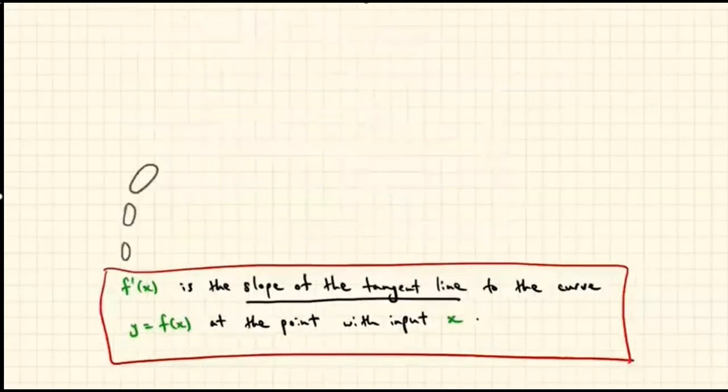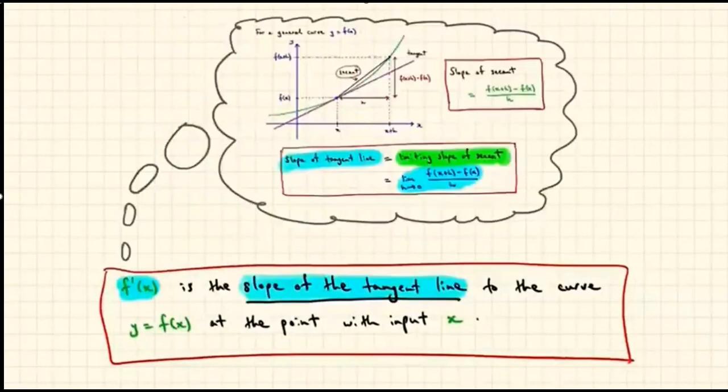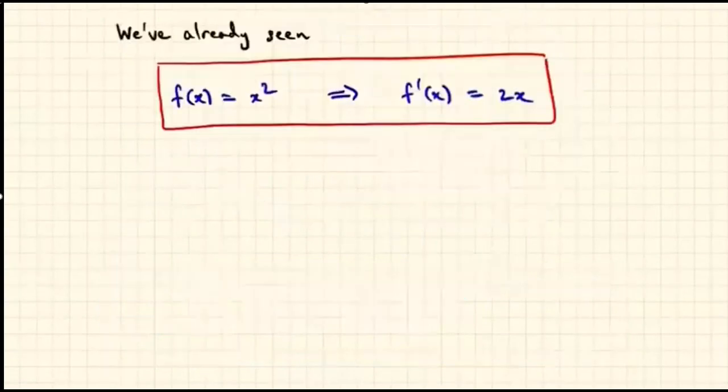By now, you're probably starting to picture this phenomenon in your mind's eye and the idea of the limiting slope of secants. We have already applied this formula to discover that if f of x is x squared, then the derivative is 2x.